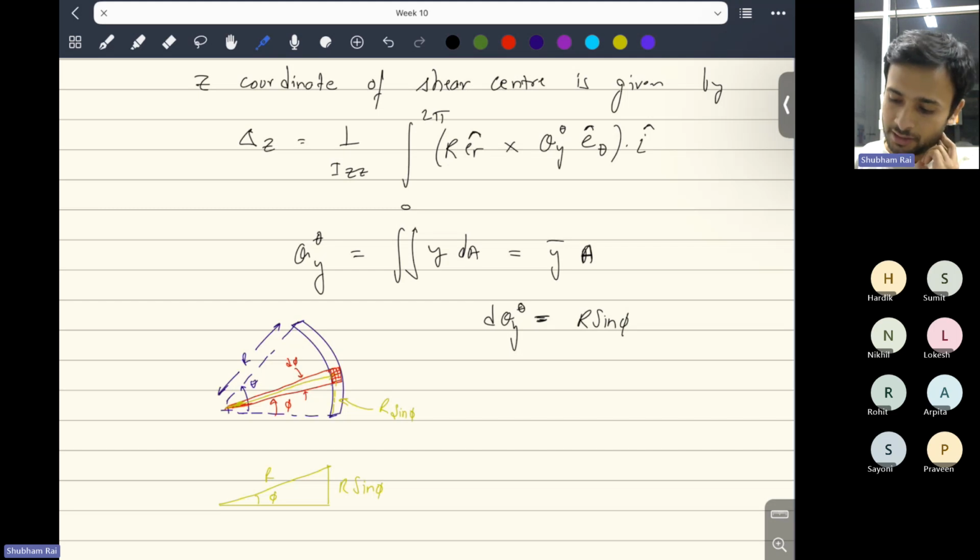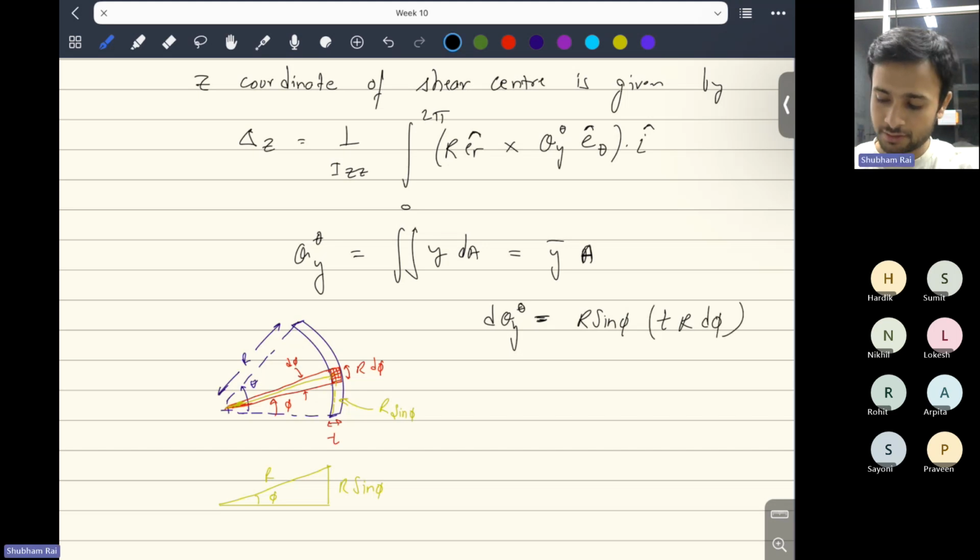So you will get this length as r d phi, and this thickness is t. So your small area will be t times r d phi. Right. So you have got this dqy theta, which will be r squared t sine phi d phi.